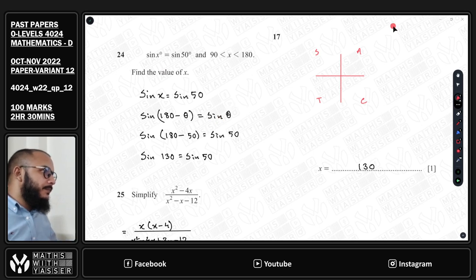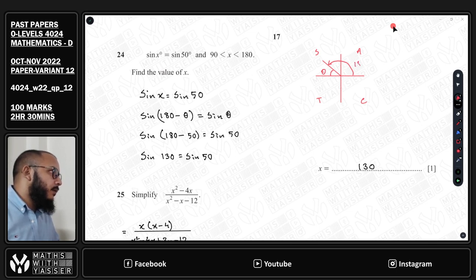The reason is, if this is theta, this should be 180 minus theta. So since both of these quadrants are positive for sine value and everything over here, all values, hence I can say sine 180 minus theta equals sine theta.